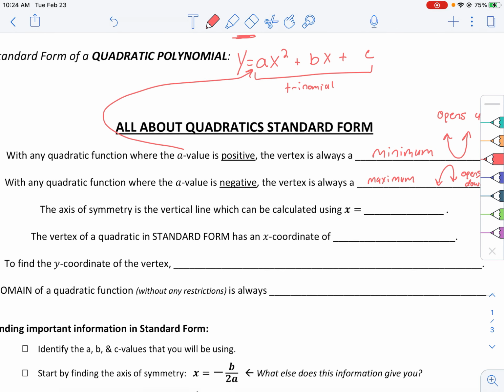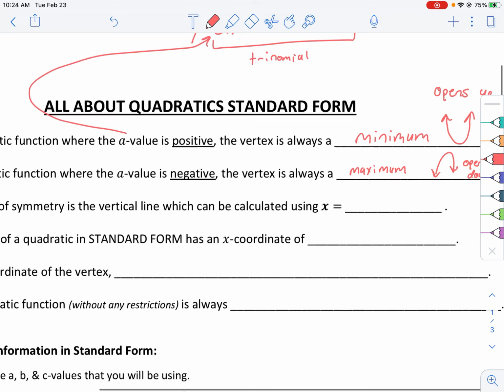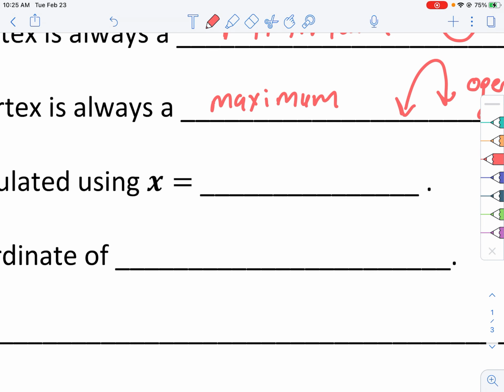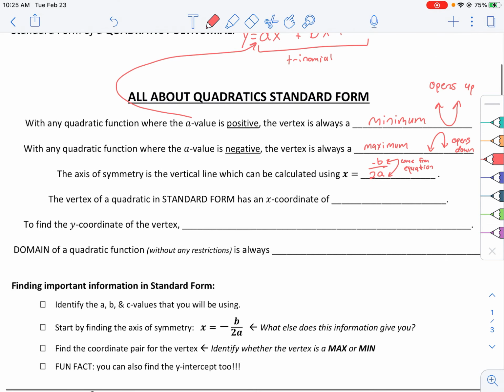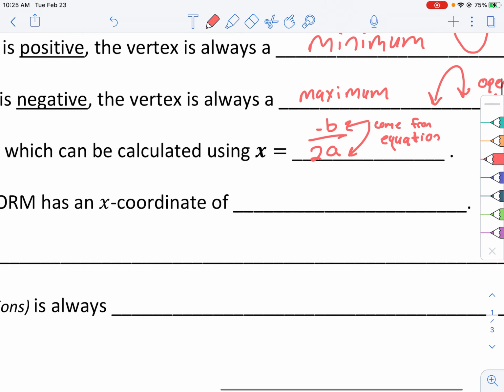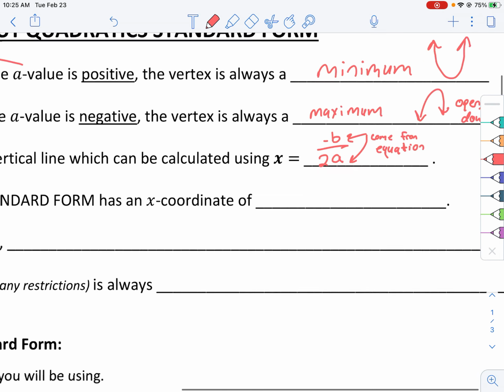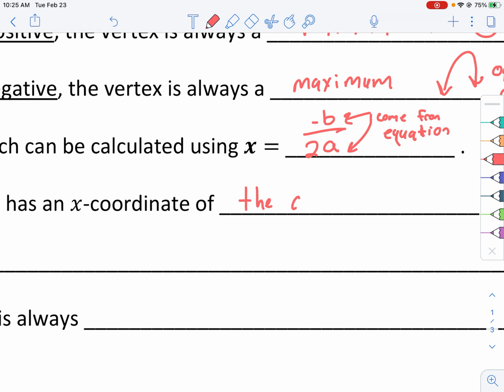Alrighty, so the axis of symmetry is the vertical line, which can be calculated by using this formula. The formula is x is equal to negative b divided by 2a, which both of these come from the equation. Right, we have an a and a b in the equation. The vertex of the quadratic in standard form has the x-coordinate of the axis of symmetry.